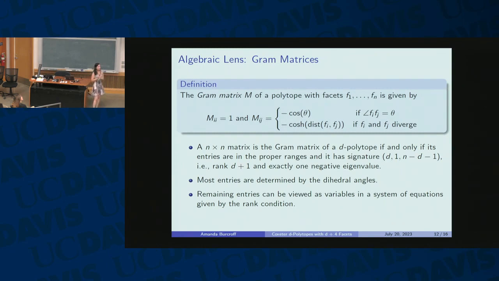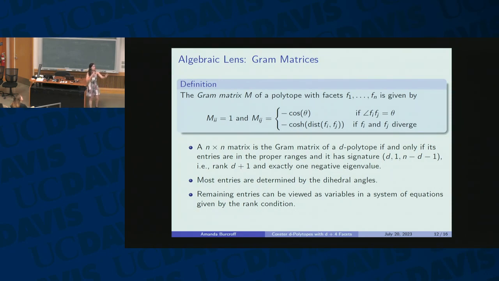And there's a very nice test for telling whether a given matrix is a Gram matrix of some polytope. We just need to look at the signature of the matrix, that is, the signs of its eigenvalues. And so we want the signature to be (d, 1, n minus d minus 1), meaning that it has d positive eigenvalues, 1 negative eigenvalue, and the rest are 0.